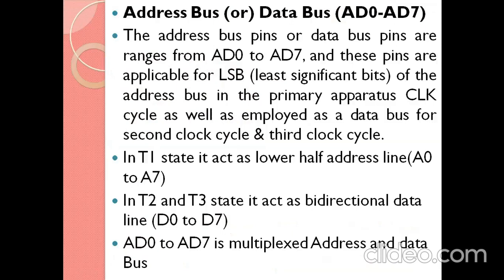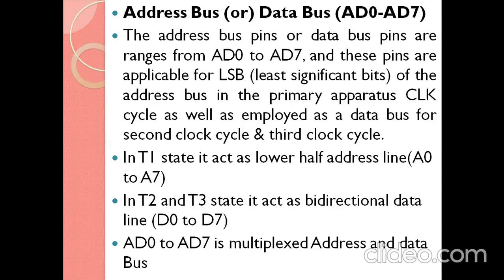Next, AD0 to AD7. These 8 lines we can use as an address bus or as a data bus. This group of lines is used as an address bus and data bus. There are 3 clock states, called T1, T2 and T3.